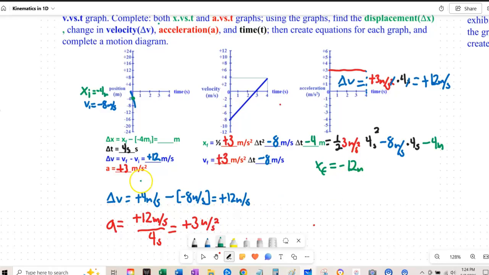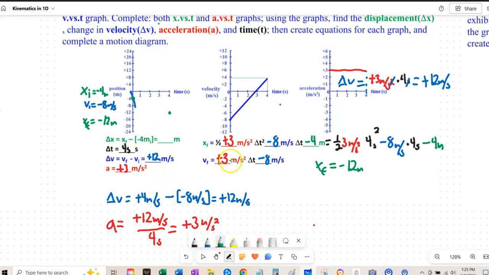Okay? So we know at the 4 second mark, it's going to be right here. I am kind of eyeballing this, but we know that's going to be its final position. So x final equals -12 meters. Okay.